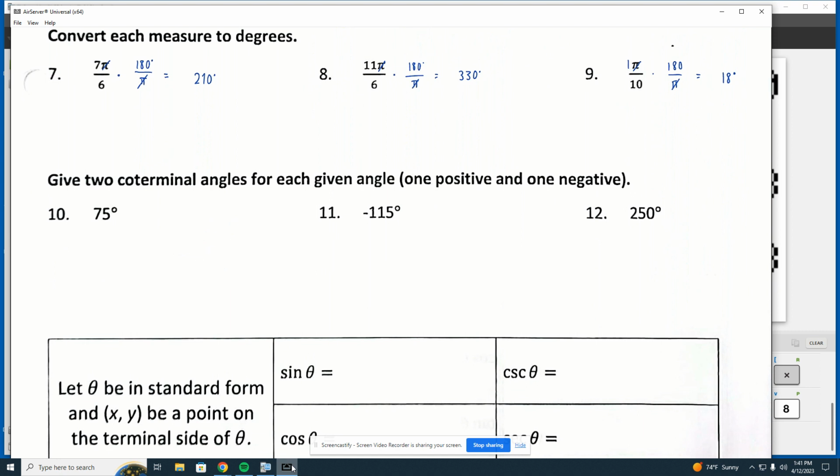So to find coterminal angles, we're going to add 360 degrees and we're going to subtract 360 degrees. And that will find two angles that fit in the exact same location, one more positive, and then this will give me my negative one.